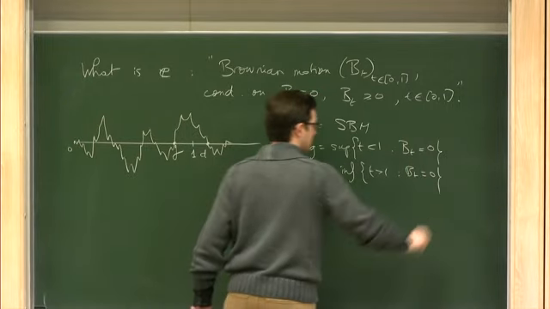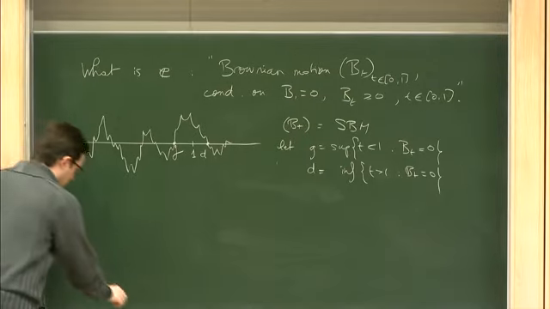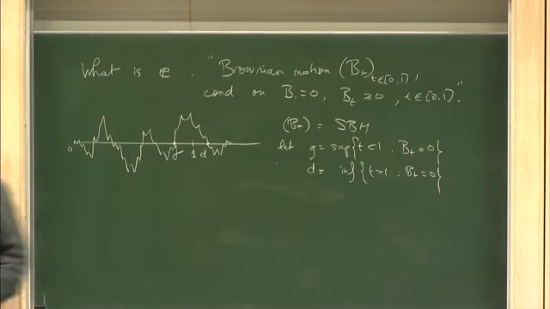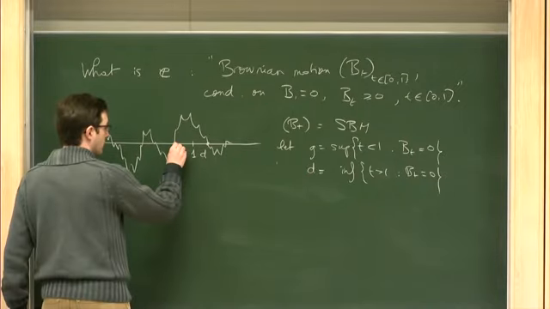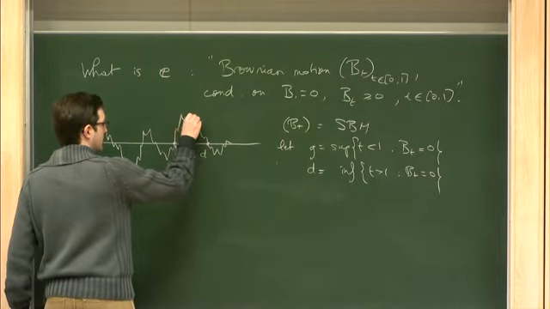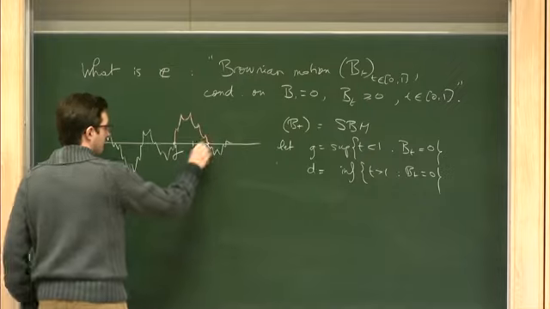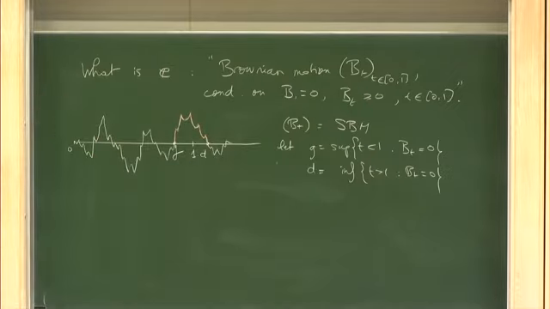And now what you want to do is take the excursion of Brownian motion away from 0 on this interval, this red path, and you want to rescale it in a diffusive way.